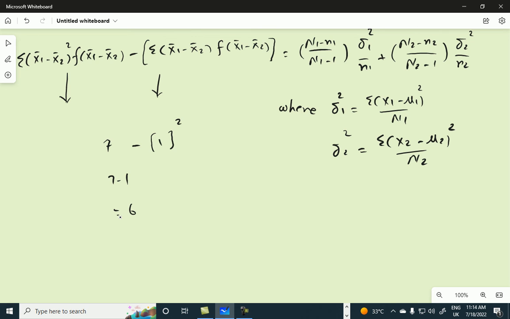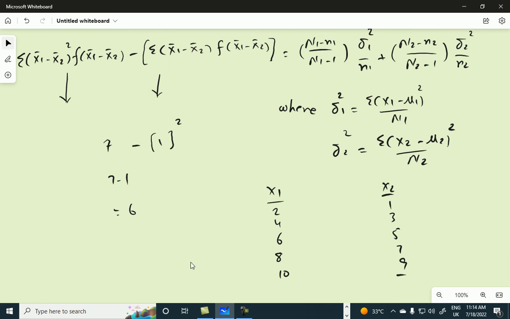Now, turn to the right hand side and calculate it. For the right hand side, we need data x1 and x2. x1 is equal to 2, 4, 6, 8 or 10, and similarly x2 is equal to 1, 3, 5, 7, 9.